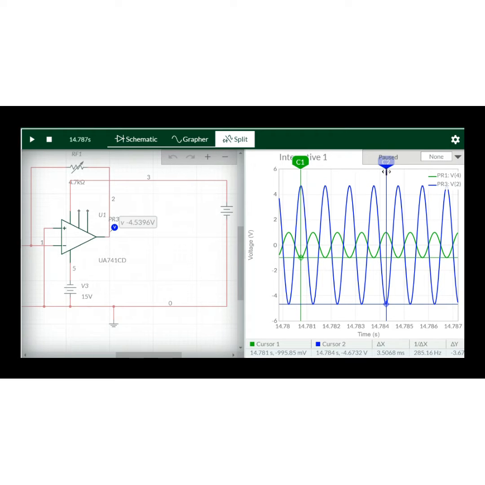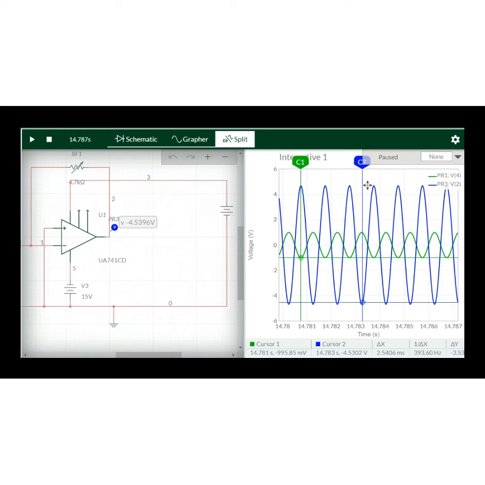From the schematic diagram, we need to read the graph, and to see the graph, you must click on split 2 and then move the cursor to get the value that you need to measure. So the green C1 represents the voltage and the blue line is V out.